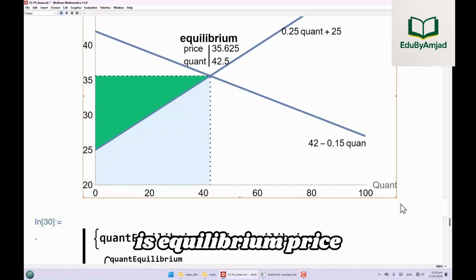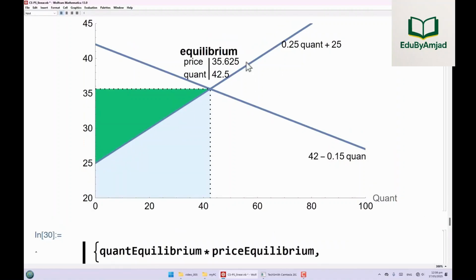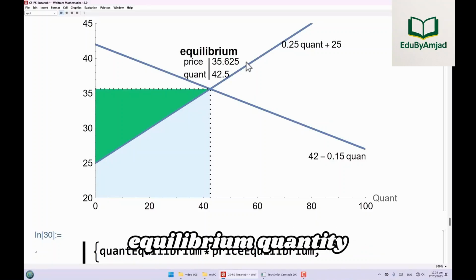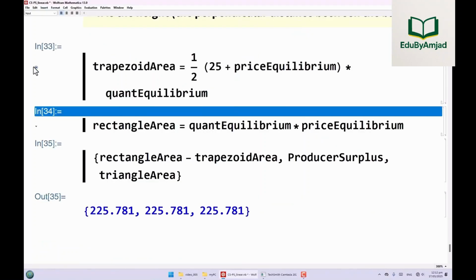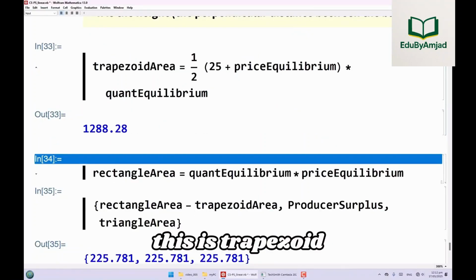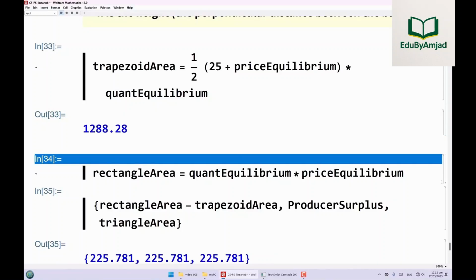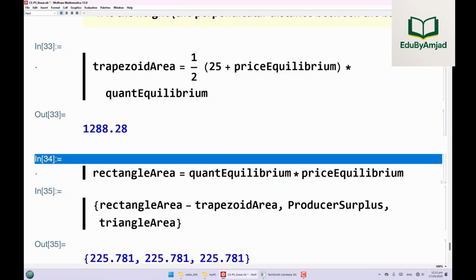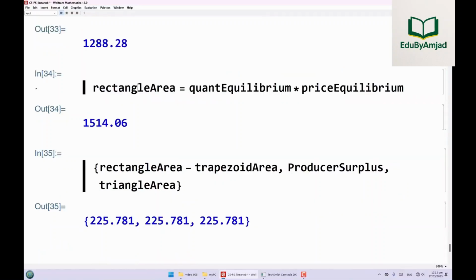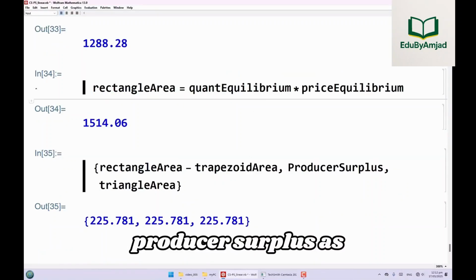The other side is the equilibrium price. The distance between the two sides is the equilibrium quantity. This is the trapezoid area. When we subtract it from the rectangle area, the result is producer surplus, as confirmed here.